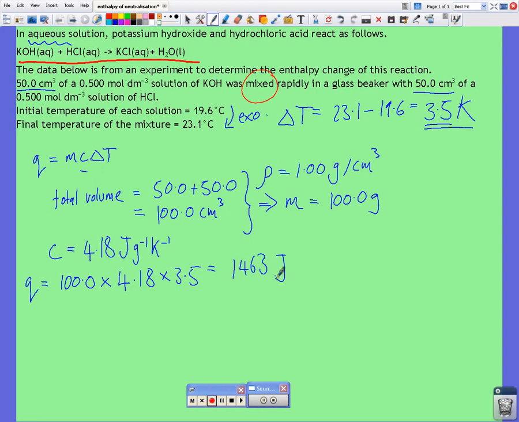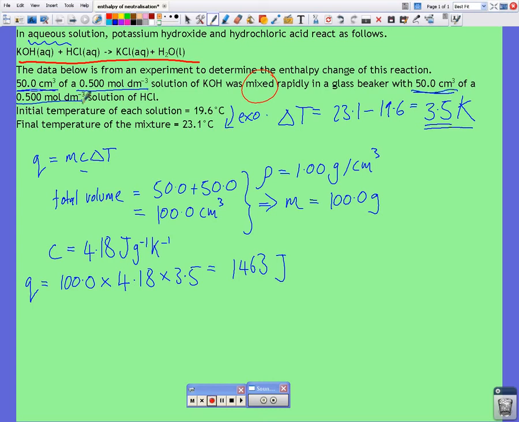Now, we're not given, as we were given in the combustion reaction where we were burning a certain mass of fuel, so finding the number of moles of fuel was a case of having the molar mass and the mass in grams. Here though, we're using solutions which have got volumes and concentrations.